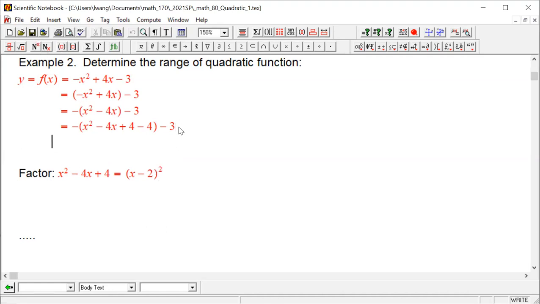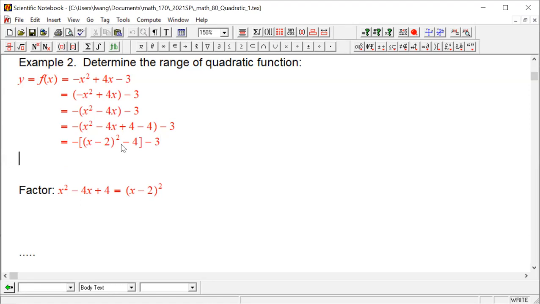So as a result, we get negative of, we're going to insert a bracket here. These three terms will make the perfect square of x minus 2 squared. And there's a minus 4. So the minus 4 stays there. And minus 3 was outside.